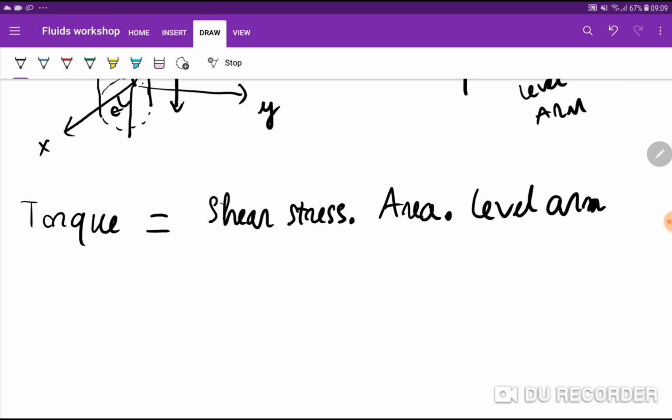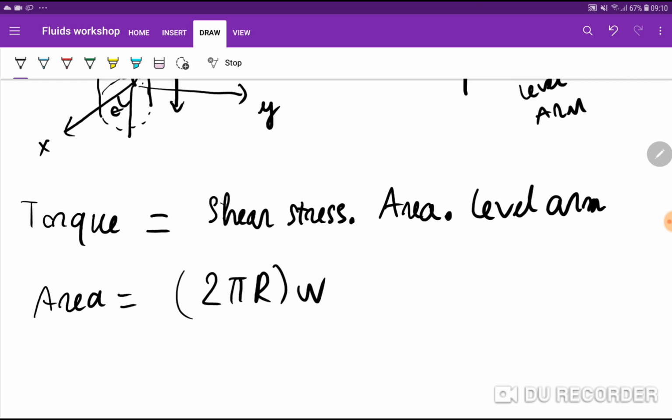So what is our area? Again, this area is the surface area. So our area right here is just 2 pi r times w.